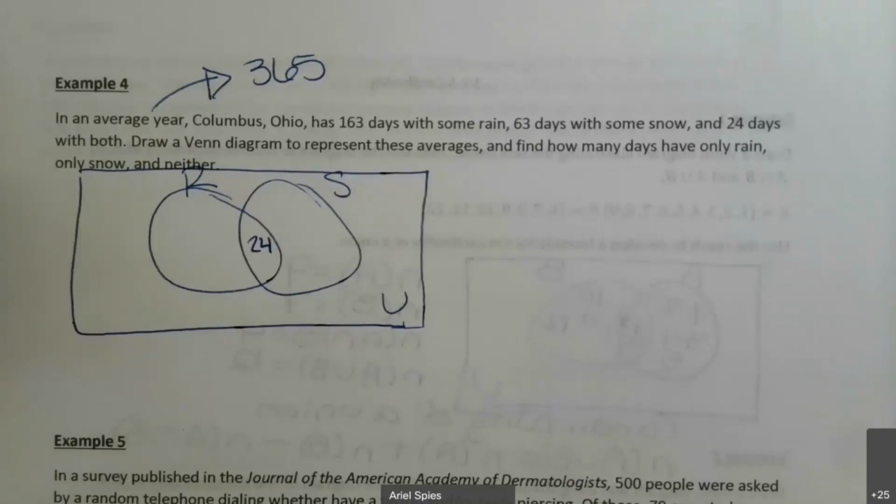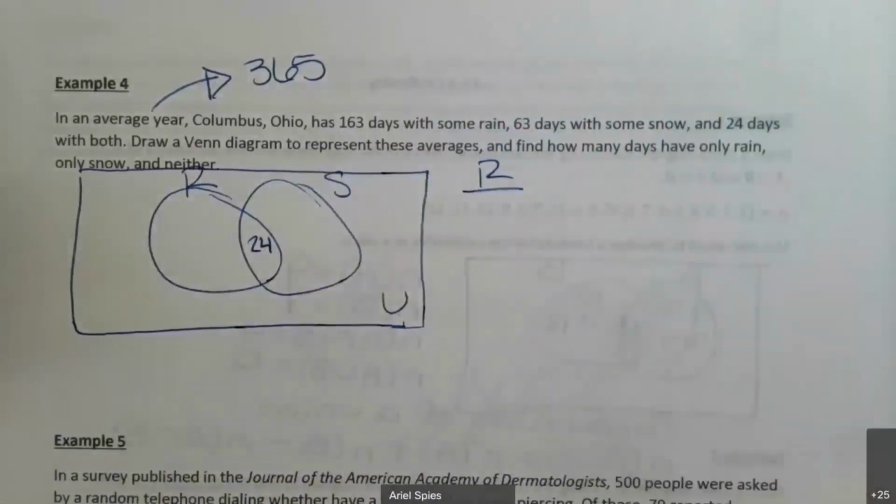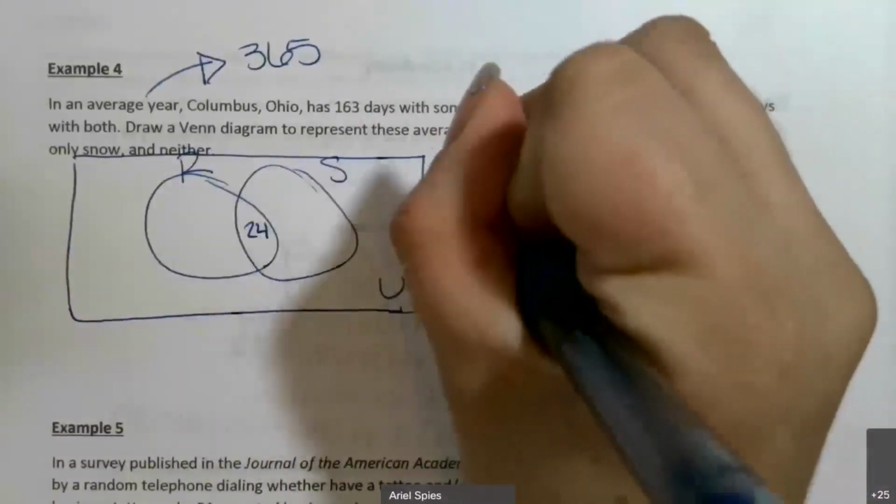Okay, then what do I want to do? Now I can do the rain. So how do I get the rain? That'll be 163 minus 24. Yep. And that'll be 139.